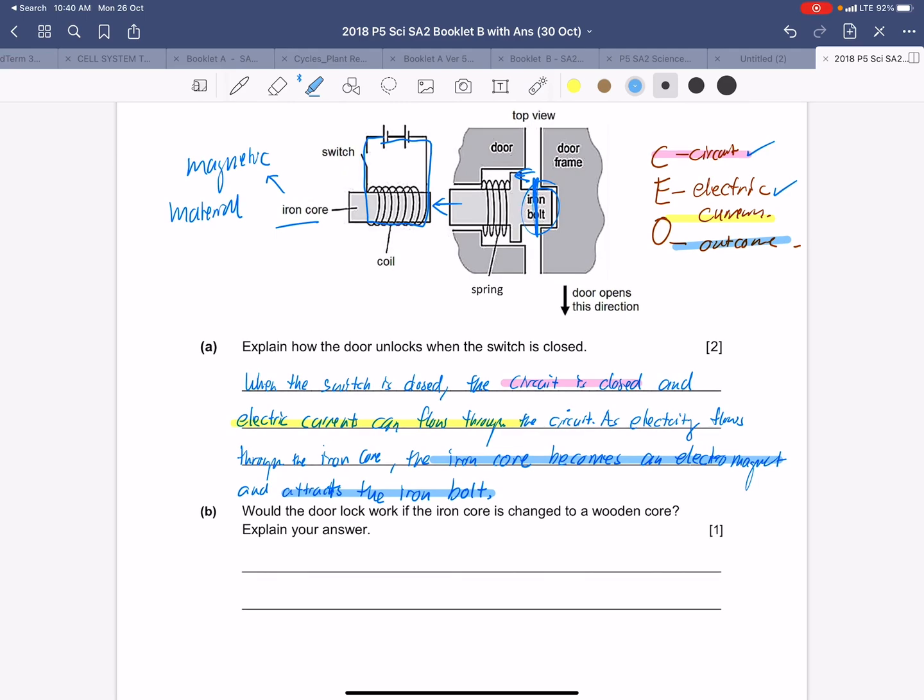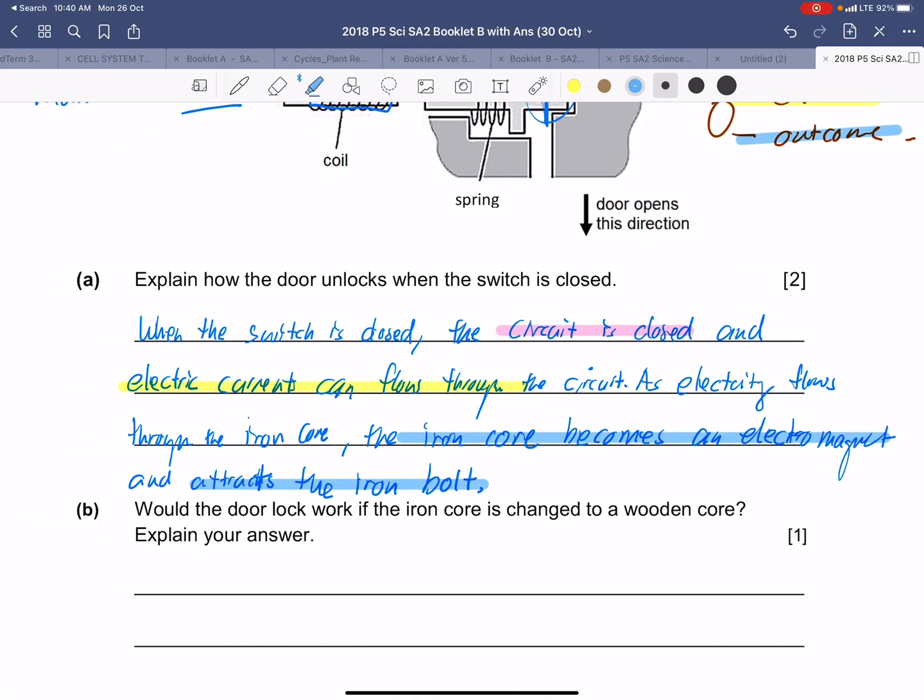Would the door lock work if the iron core is changed to a wooden core? Now this is a very, very common misconception. A lot of you would know the answer, but your reason is wrong. You tell me that wood is an insulator of electricity. While that is true, the problem is that electric current is not running through your core, it is running through the wires.